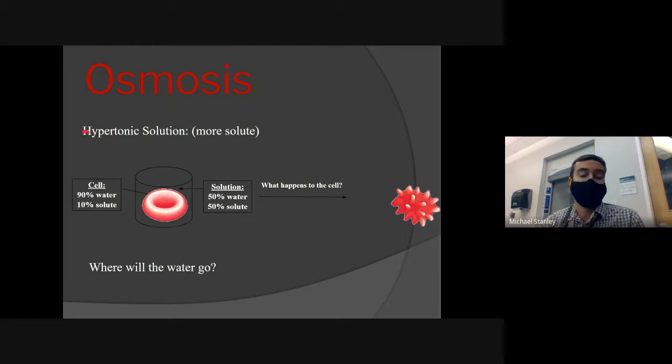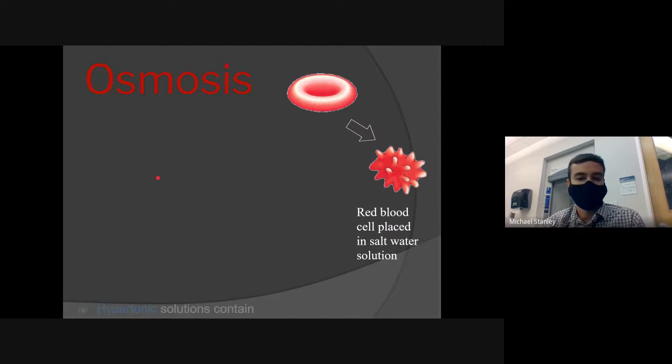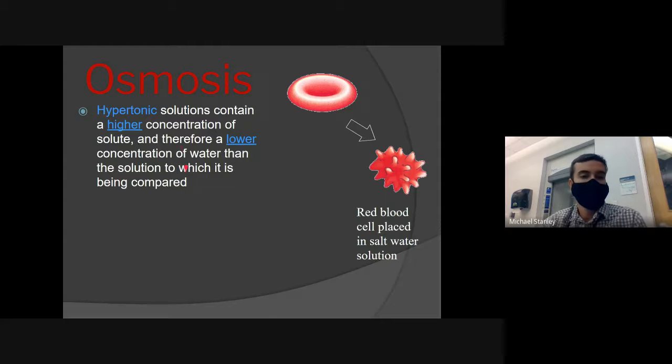So a hypertonic solution is where we have a lot of solute, but not very much water. So in the case of our cell here, water is going to leave the cell and go into our solution out here. So hyper is like lots of solute, lots of stuff, but low amount of water. So hypertonic solutions have a very high solute concentration, which means that they have a lower amount of water, right?